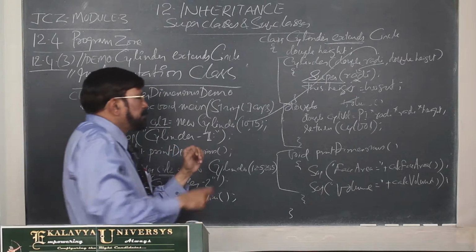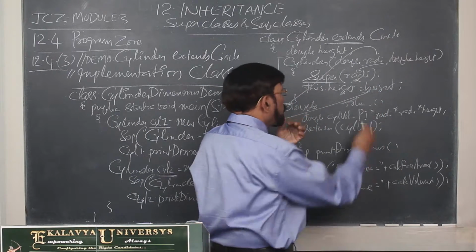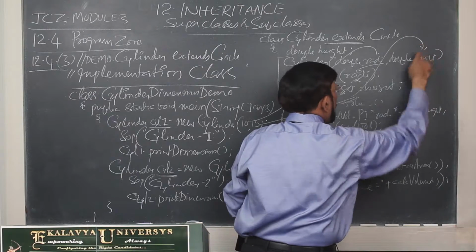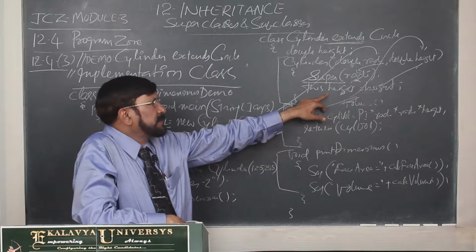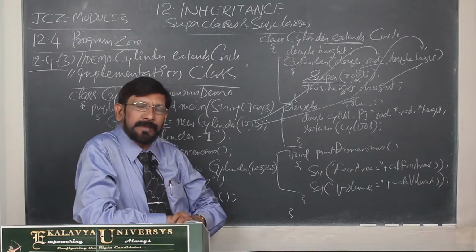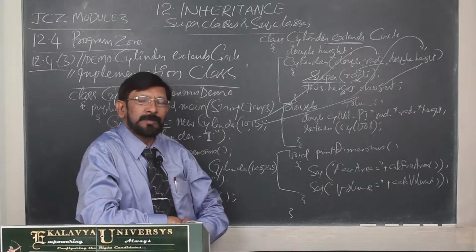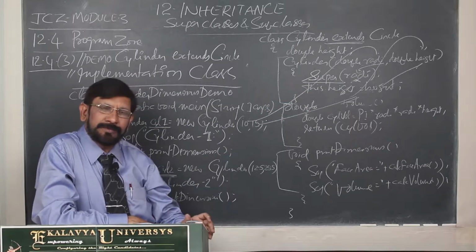Thereafter 15 goes here and here, and in turn it comes here. As a result of that, the height instance variable of the cylinder class is initialized. Both radius and height are initialized.